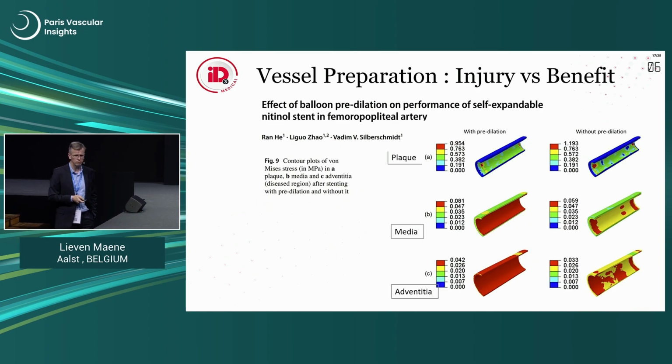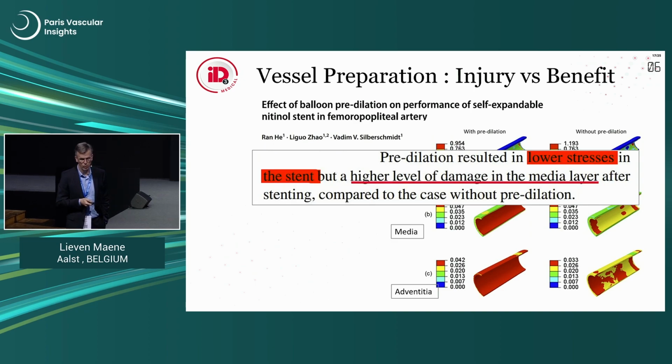Well, we can. Analogous evaluations were done for nitinol self-expandable stent implantations in the femoropopliteal axis. And what we see here in color codes, with and without predilatation on the stenting, is the enormous impact on the wall.